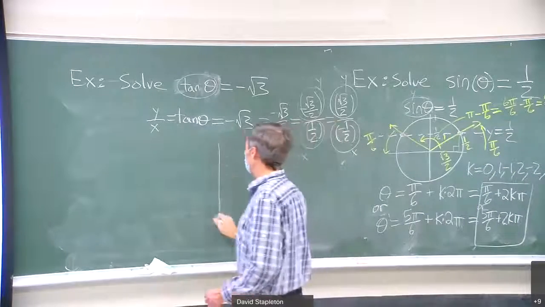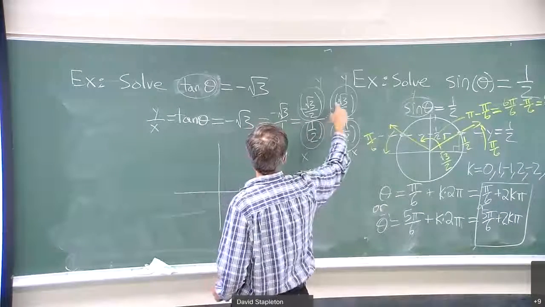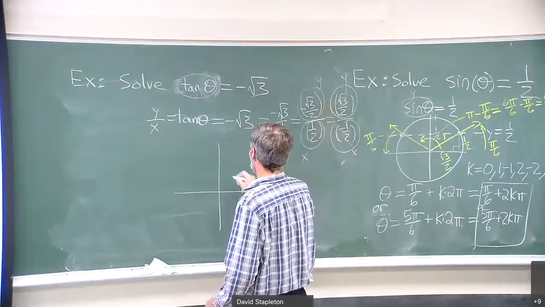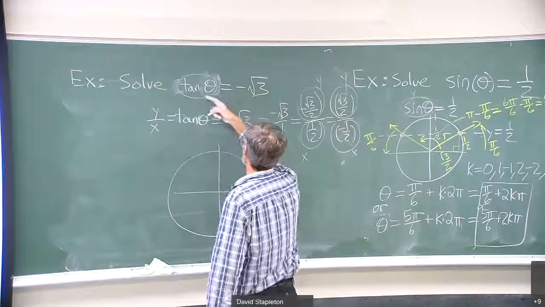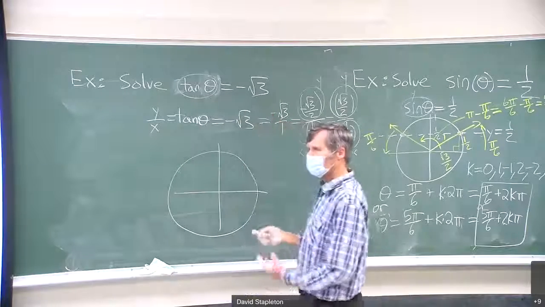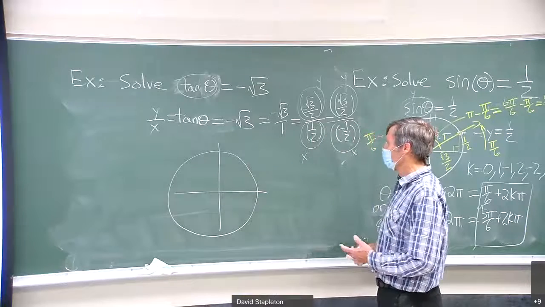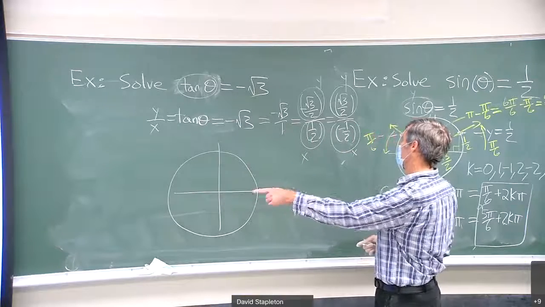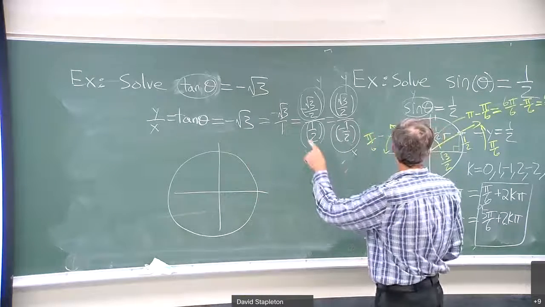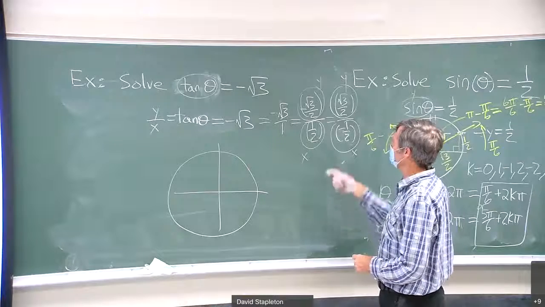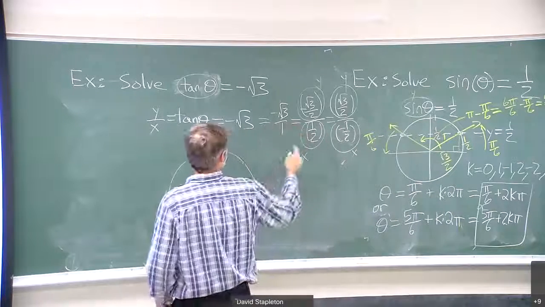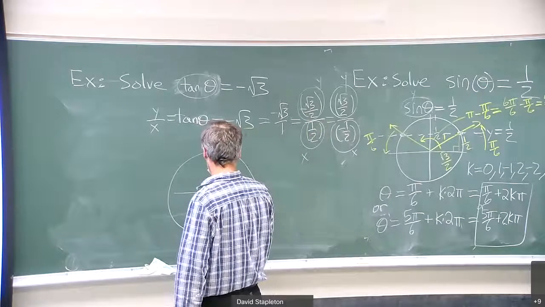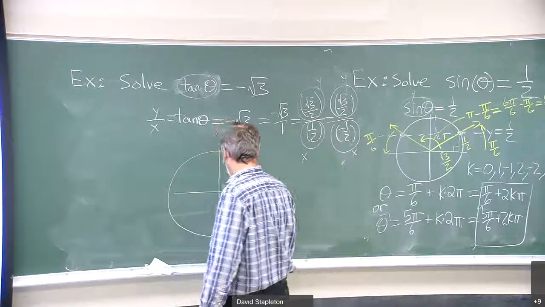So what we get is this. We go to plot the point. Y equals minus square root 3 over 2, x equals a half on the unit circle. Again, when you solve a trig function equals a number, you sketch the unit circle. For sine and cosine, you plot the horizontal line, y equals a number, or the vertical line, x equals a number. But for tangent, you have to treat it as a ratio of y over x. Suppose y is minus square root 3 over 2. It's like minus 0.87, something like that.